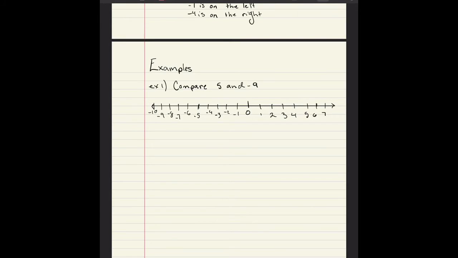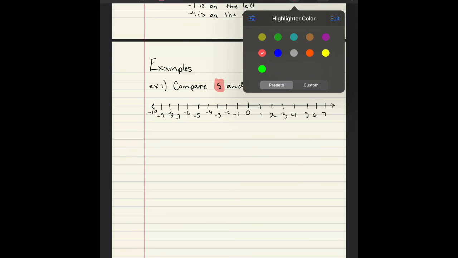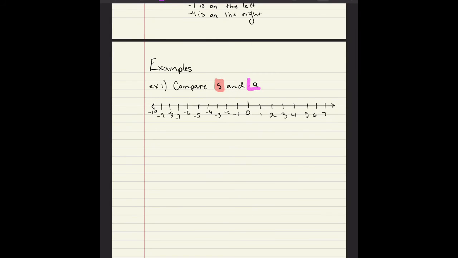So let's do red for 5 and pink for -9. So 5 is 5 places to the right because it's a positive number. And -9 is 9 places to the left of 0 because it's a negative number.